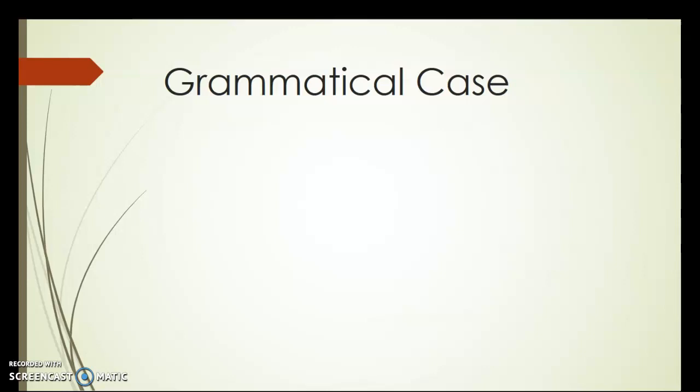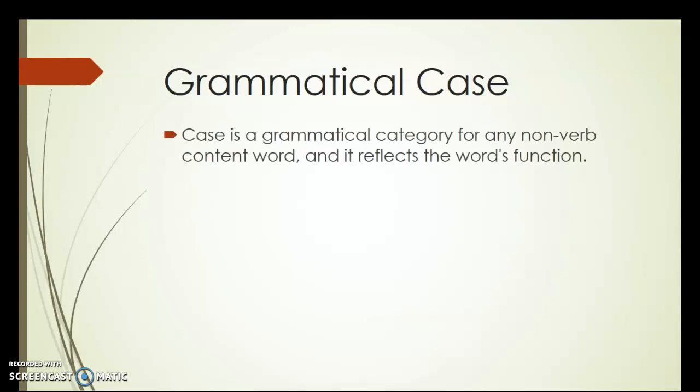So here's a better definition. Case is a grammatical category for any non-verb content word, and it reflects the word's function. Nouns, pronouns, adjectives can all be declined to demonstrate person, number, gender, and case.